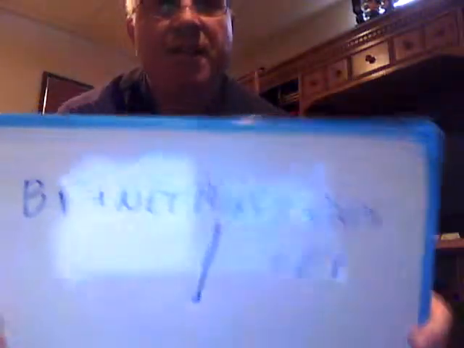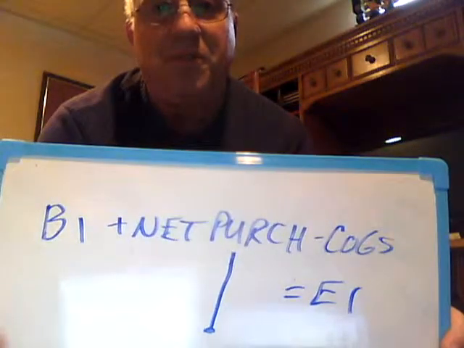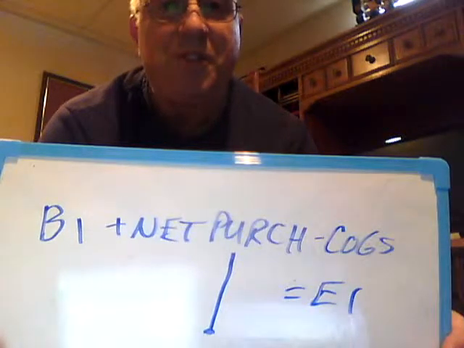And again, just to reiterate that here on the board, beginning inventory plus net purchases minus cost of goods sold equals ending inventory.